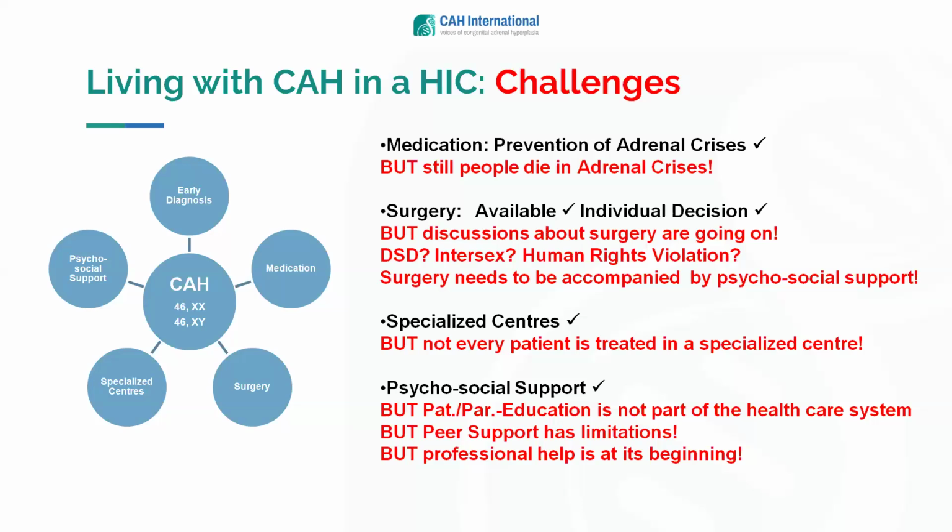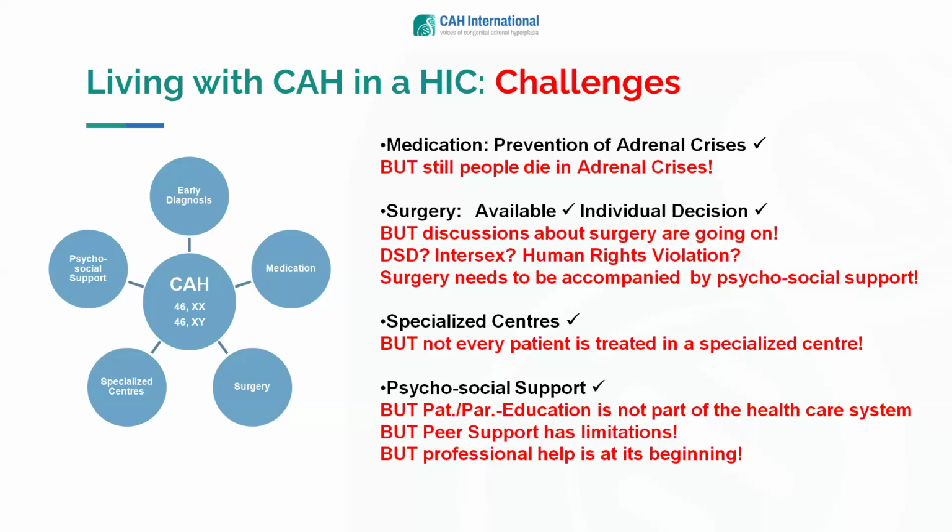Yes, we have then the next point, surgery. Surgery is available in many countries. We found a very good way, finding the way for the decision whether to perform surgery or not.